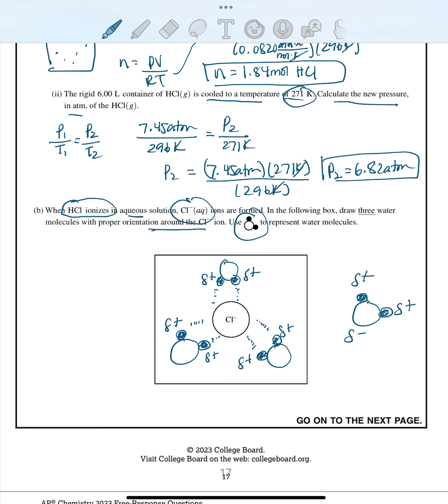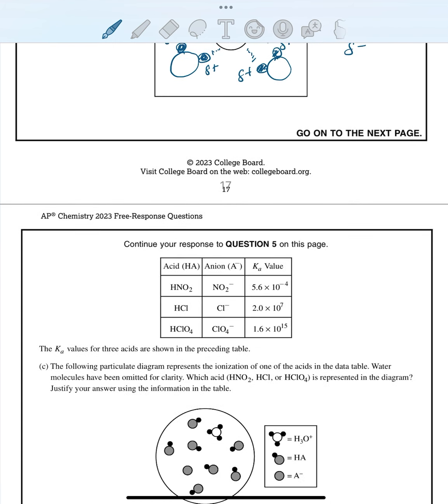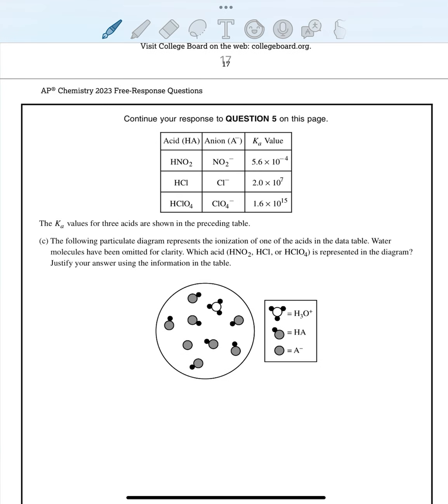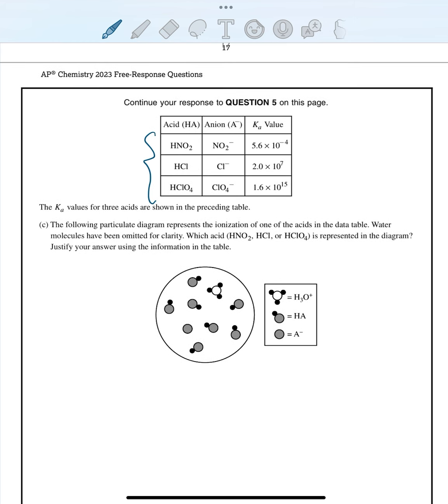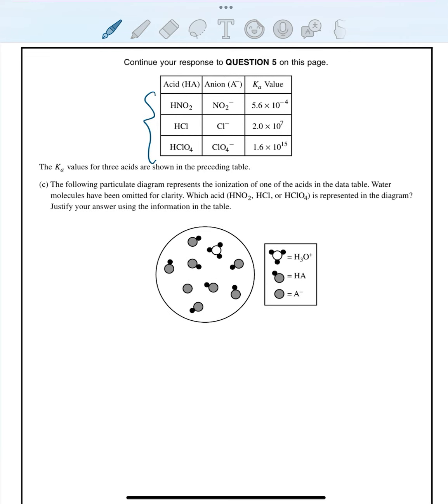And the final question in number 5 is a Ka data table and then another kind of molecular diagram. So we're shown a diagram here, and then we want to explain which acid from this list is represented by this diagram below. So a couple ways we can go about this.